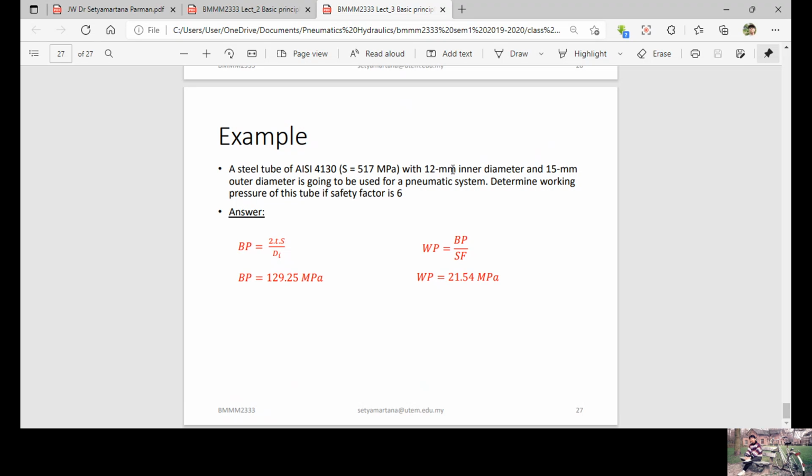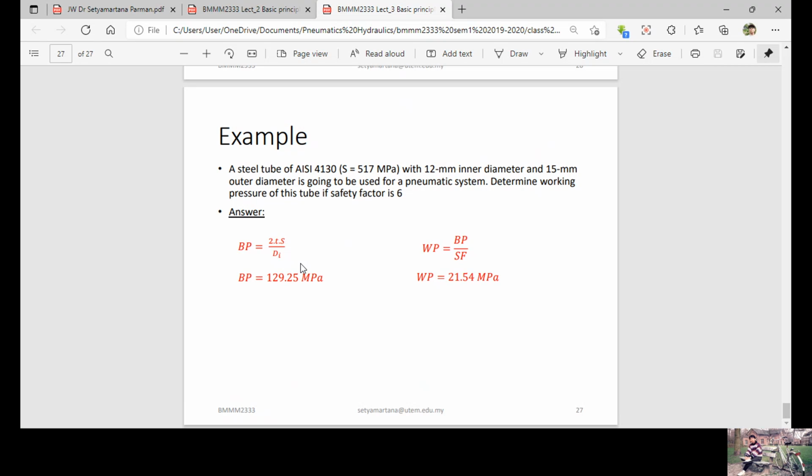Remember again, when we studied solid mechanics, if we use the force in Newton and all length dimensions in millimeter, we will have the stress in megapascal.